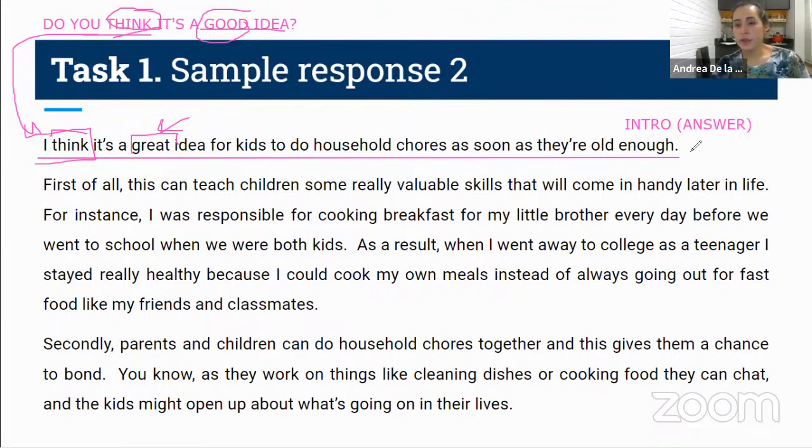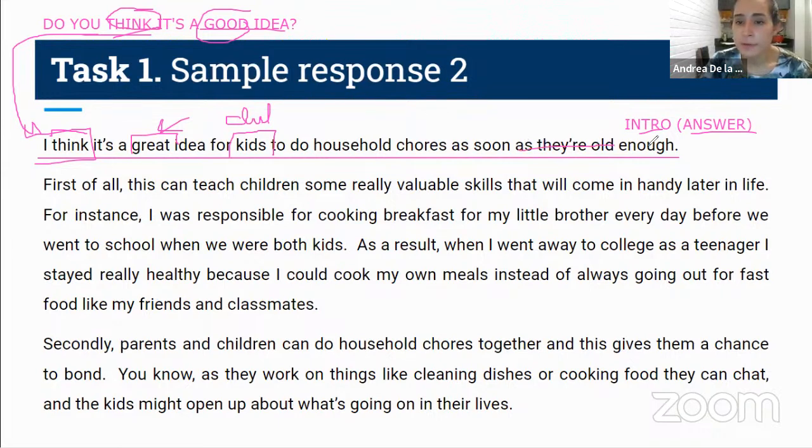In the first sentence, you're going to have an introduction where you answer the question directly. Of course, you can paraphrase it a bit, and you can summarize it a little bit. So in this case, he's not using exactly the same words, right? Instead of children, he's saying kids. Instead of children help their parents, he's just saying kids to do, so he's shortening the response.